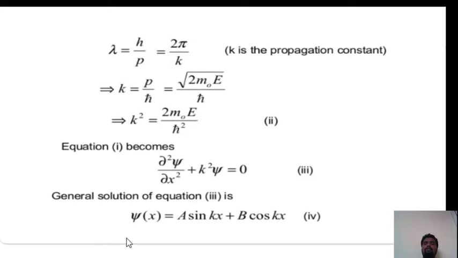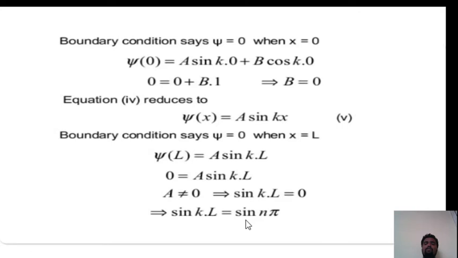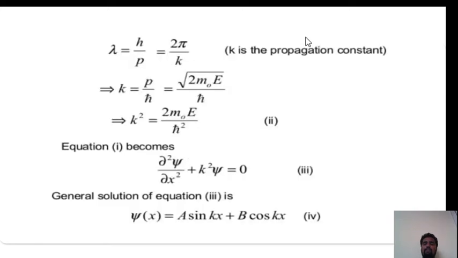By applying boundary conditions, we can get the values of a and b. From the boundary conditions, psi is equal to 0 when x is equal to 0. In place of x, we substitute 0. So psi of 0 is equal to 0 because the wave function at x equal to 0 is 0.